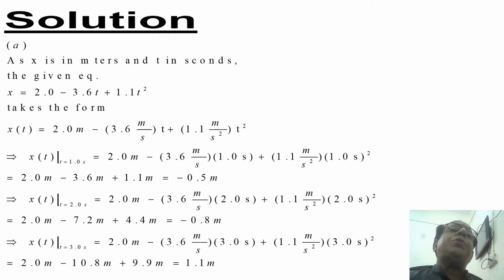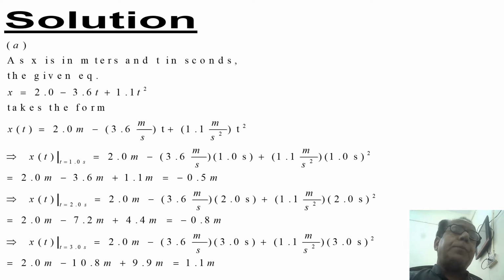Solution of part A. As x is in meters and t in seconds, the given equation, x equal to 2.0 minus 3.6 t plus 1.1 t squared, takes the form x(t). What is meant by this? It means x is a function of time t.